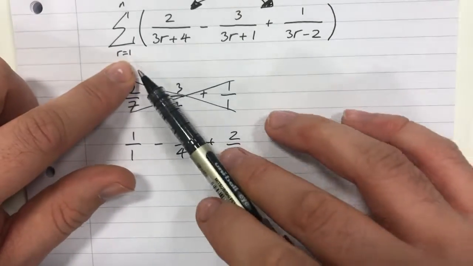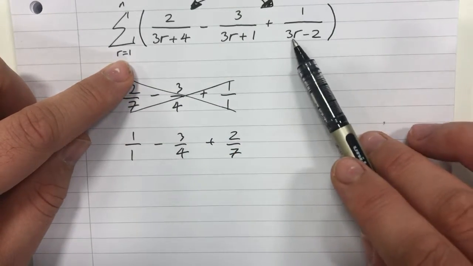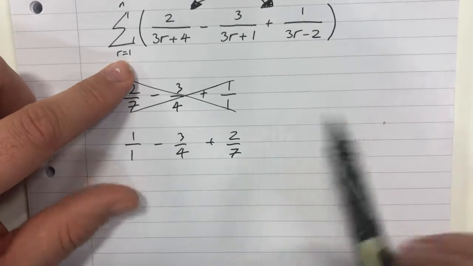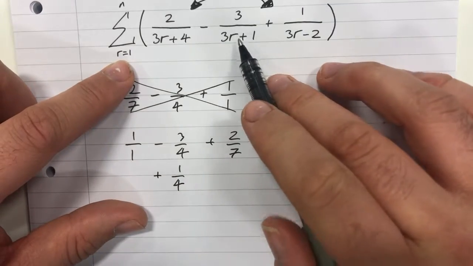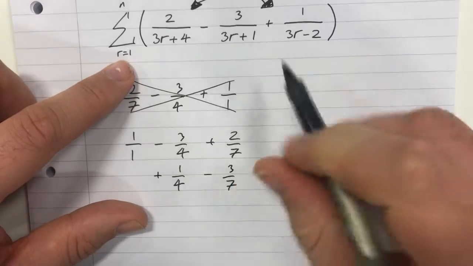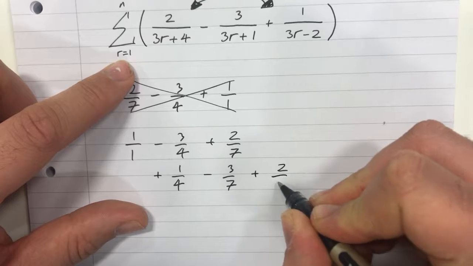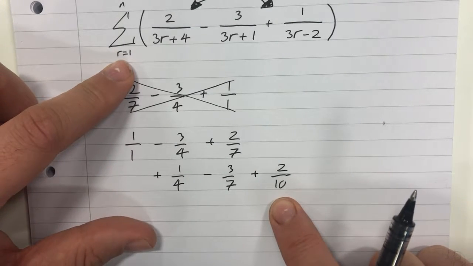And now plug in r is 2, I'll get plus 1/4, minus 3/7, plus 2/10. Notice I've left it as 2/10, not simplified it to a fifth.